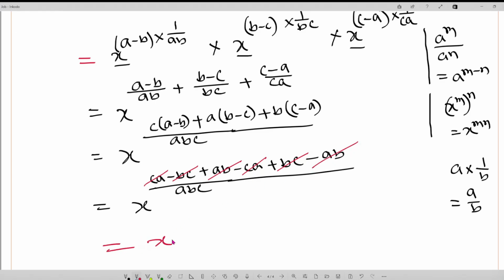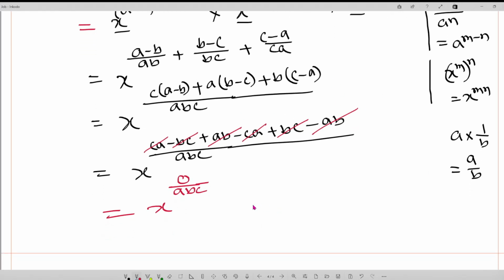So it will be x to the power 0 divided by abc. Zero divided by anything is 0, so we can write x to the power 0, and obviously it should be 1.